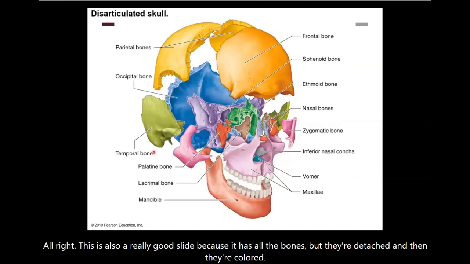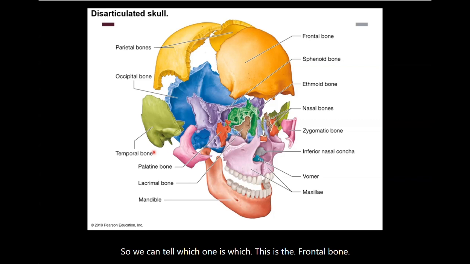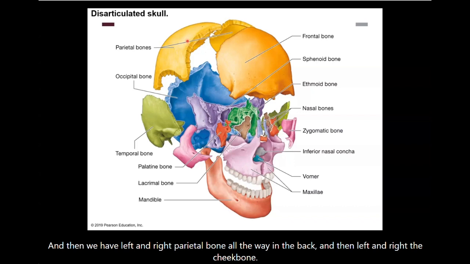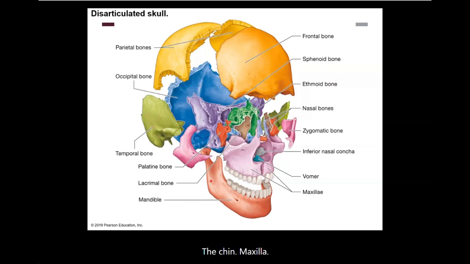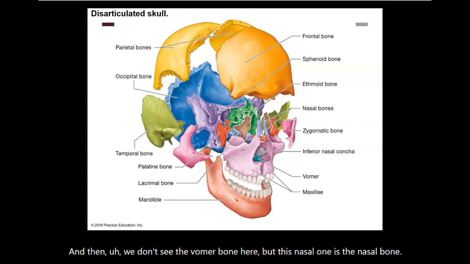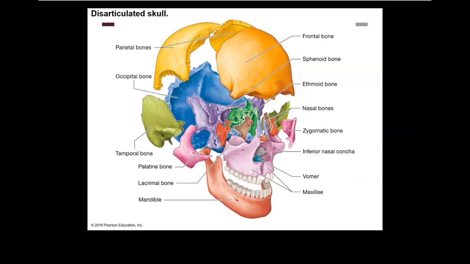All right, this is also a really good slide because it has all the bones, but they're detached and they're colored so we can tell which one is which. This is the frontal bone, and then we have left and right parietal bone all the way in the back, and then left and right the cheekbone, the chin, maxilla, and then we don't see the vomer bone here, but this nasal one is the nasal bone.